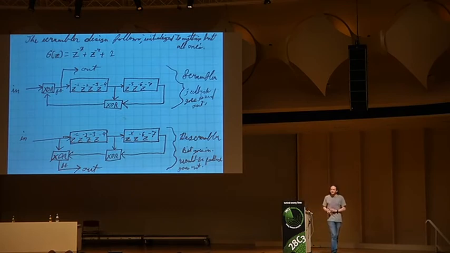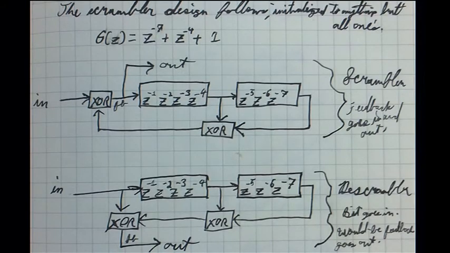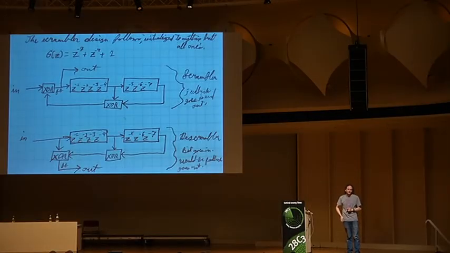A nifty thing about this is that you have these different tap points. And if you run data through the upper device, and then you get the scrambled bits out, when you run those same bits through the descrambler function, it self-synchronizes and automatically fixes everything. It will even do this if you choose any other set of bits to run through the function.